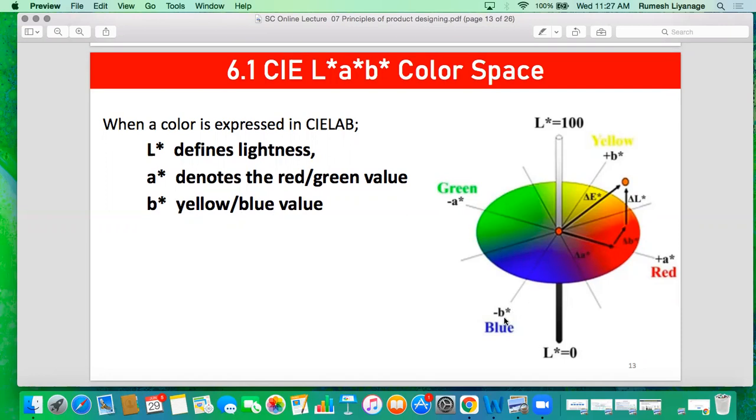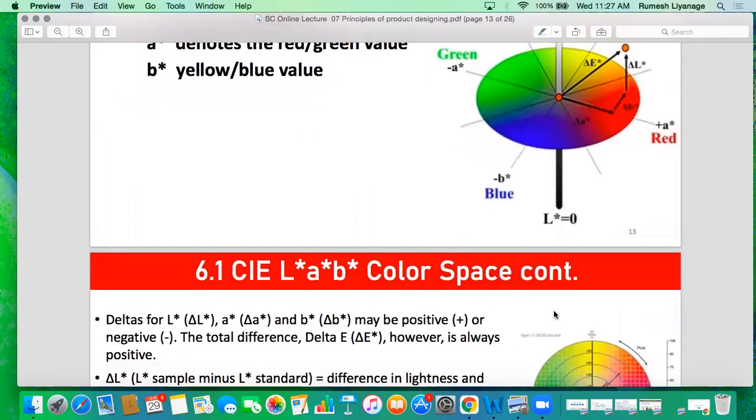Likewise for yellow-blue, minus B means blue, plus B means yellow. So if L, A, and B are all plus values, it's close to yellow and red, and a lighter product. Okay? L minus means it's close to black. Right? We will discuss some examples.